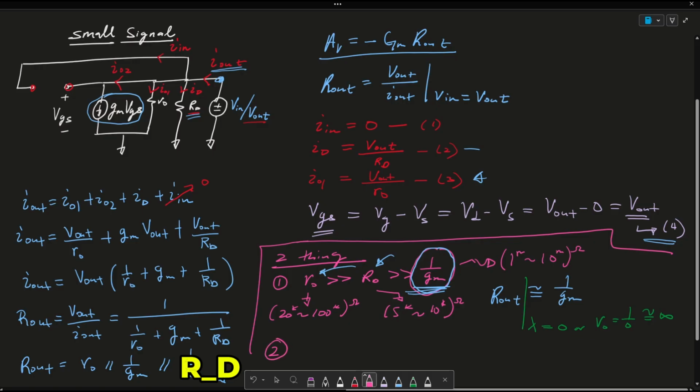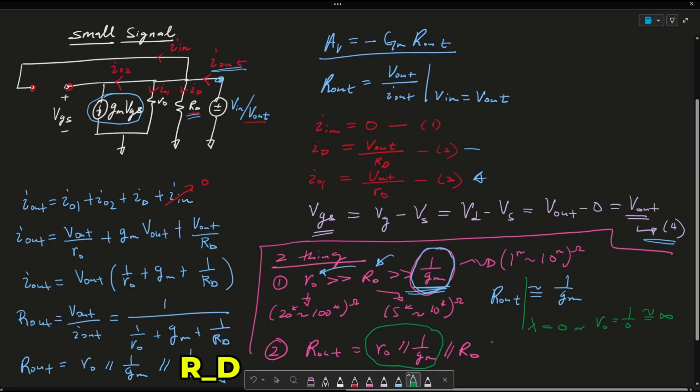The second thing we want to note is that in our equation, R out equals RO in parallel with 1 over GM in parallel with RD. In the case of no RD, so instead of using RD to set my DC bias current, I have a current source as my ID, the output resistance of the diode connected side is simply only these two.